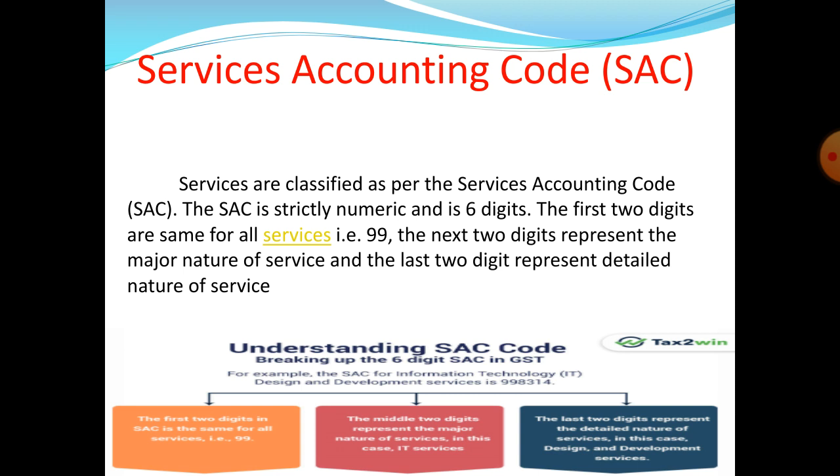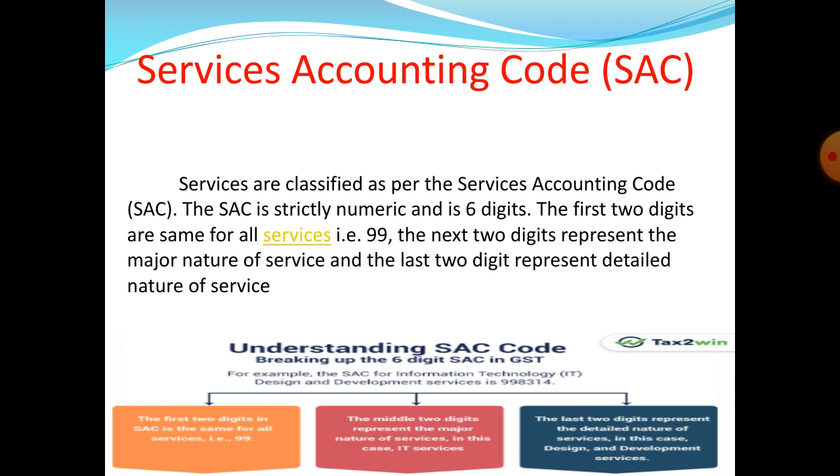As service tax has been subsumed into GST, SAC codes are used in GST also for identifying services. Here is an example. The SAC for information technology design and development services is 998314, and the first 2 digits, 99, are the same for all services. The middle 2 digits represent the major nature of service, here IT service, and 83 is the next 2 digits.